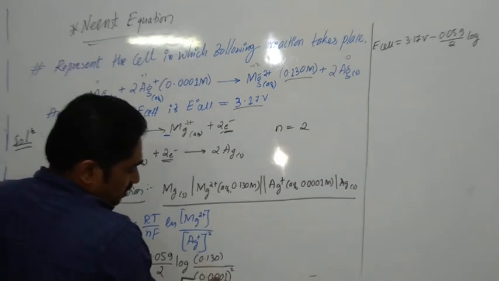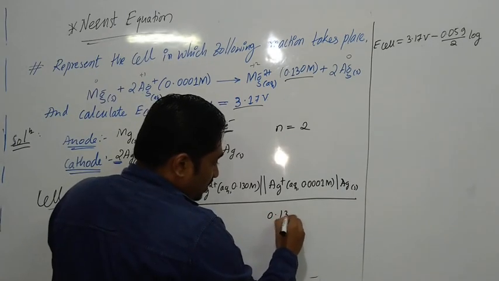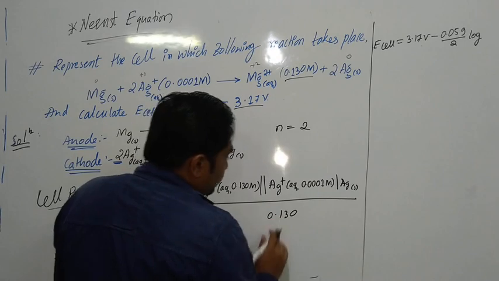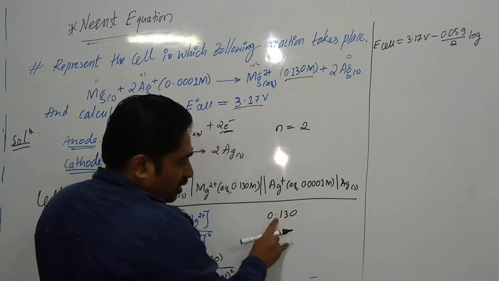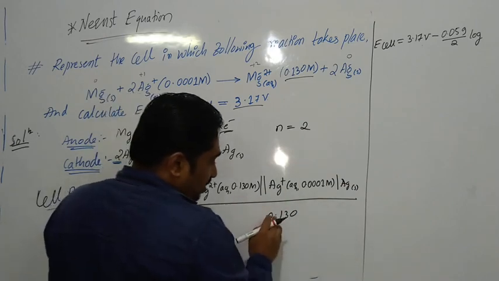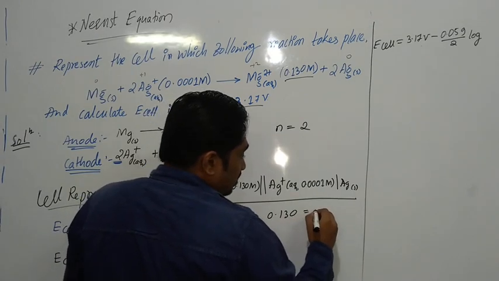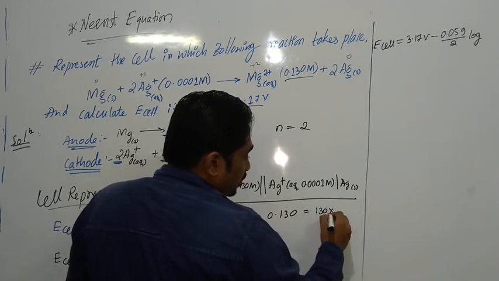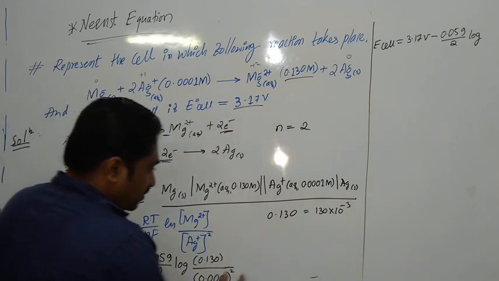First we will simplify this. 0.130: the decimal point is moved to the right side, minus 1, minus 2, minus 3. So I will write it as 130 into 10 to the power minus 3.